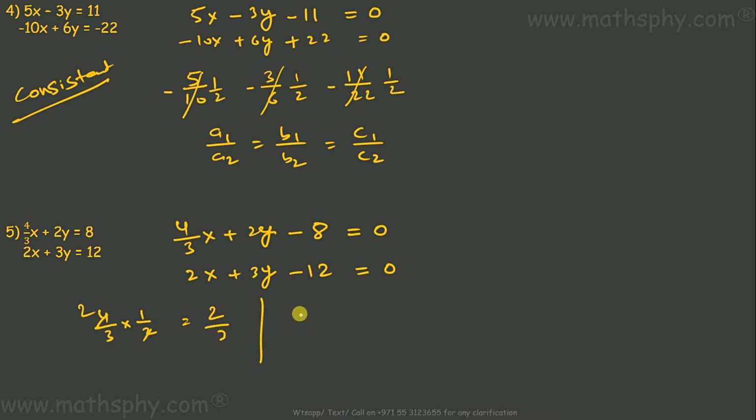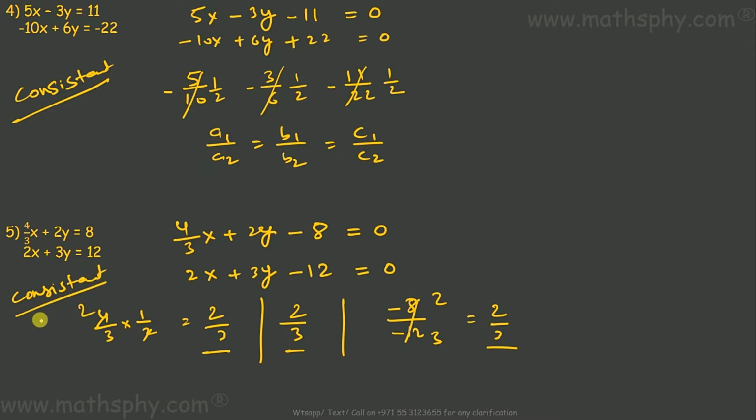B1 over B2, 2 over 3. C1 over C2, negative 8 over negative 12, which is 2 over 3. So I have A1 over A2 equals to B1 over B2 equals to C1 over C2, means coincident lines, means consistent solution. So all 5 done.